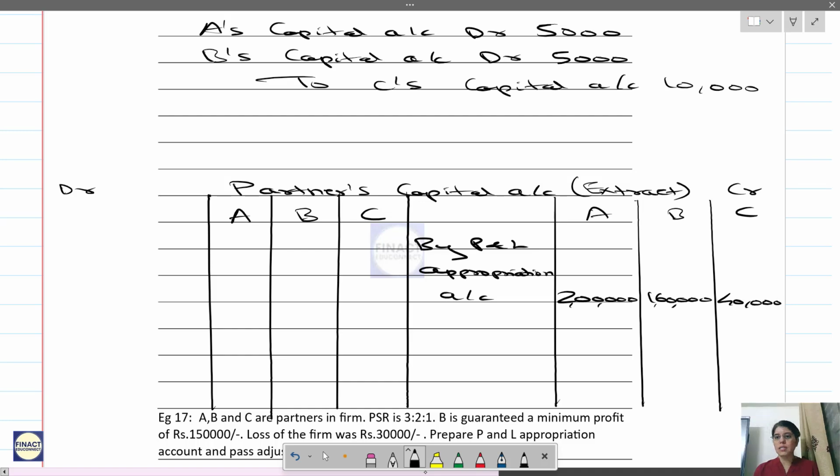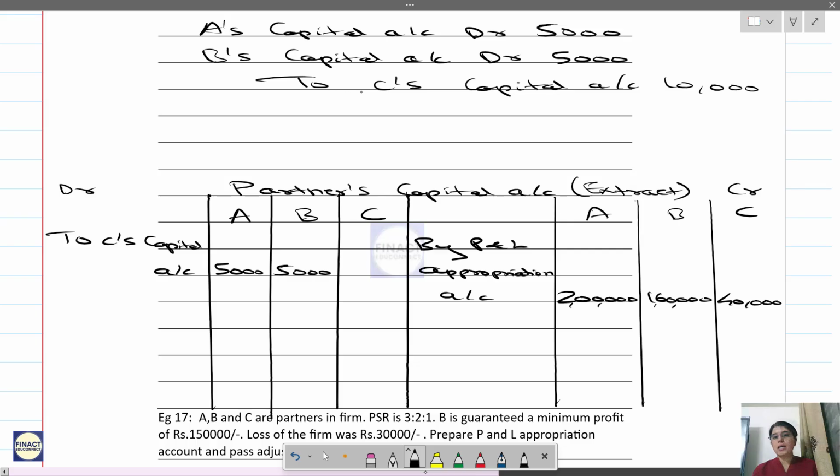In method 2, the assumption is that first profit is transferred and then we are adjusting the deficiency. Now see this carefully. A's capital account debit, B's capital account debit. So both the capital accounts are debited because of whom? Who's the corresponding account? C's account. So on the debit side of A and B, we will write to C's capital account, 5,000 in A's column, 5,000 in B's column.